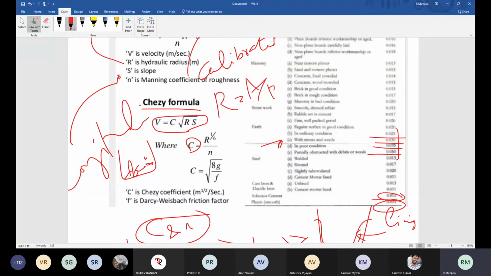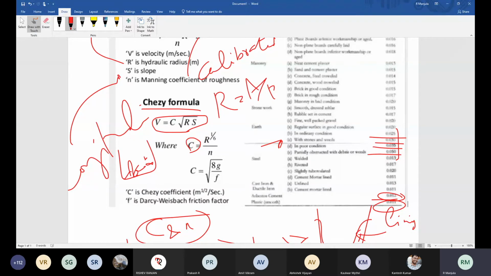The same thing is applicable for pipe flow. If it is a PVC inner layer, then it is considered as pipe flow. The only difference is that in pipe flow the pressure is piezometric pressure, but in open channel flow the pressure is atmospheric pressure. Otherwise, we can use both formulas for open channel as well as for pipe flow.